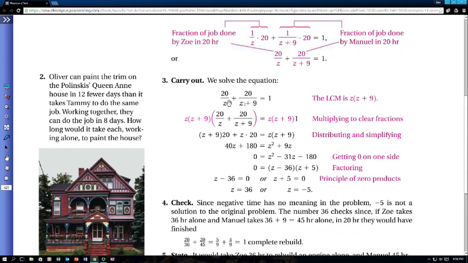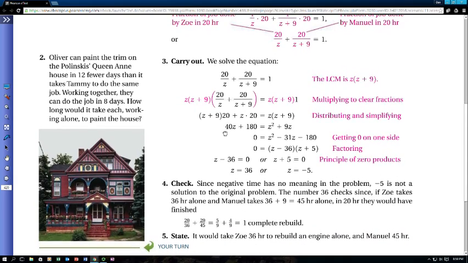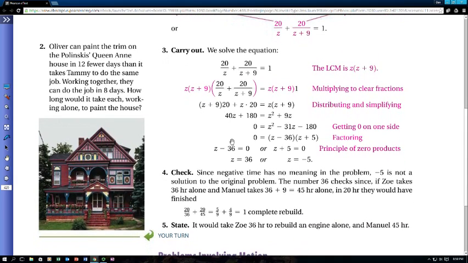So we carry out these, solve this. They do LCMs again. The least common multiple between these denominators here is z times z plus 9. So they do that multiplication and they end up with z plus 9 times 20 plus z times 20 and z times z plus 9 times 1 over here.